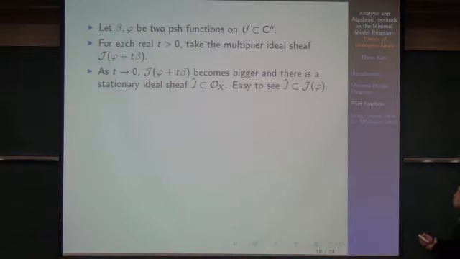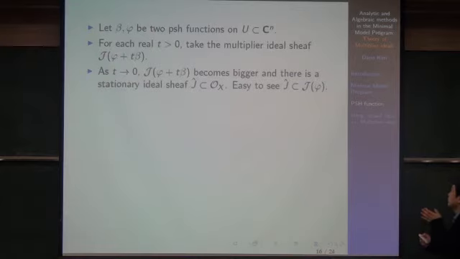In the other direction, when t goes to 0, you can expect phi plus t beta to have less singularity, so more functions will satisfy the defining property of this multiplier ideal. So the multiplier ideal will become bigger when t goes to 0. From the Noetherian property of the rings, we have one ideal sheaf J hat, which should be equal to all these multiplier ideals of phi plus t beta for small values of t.